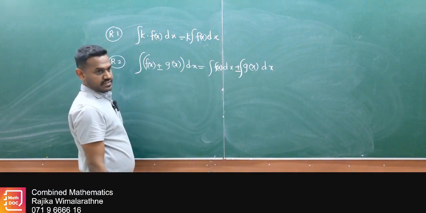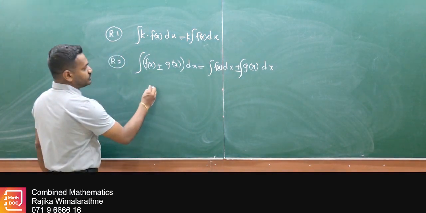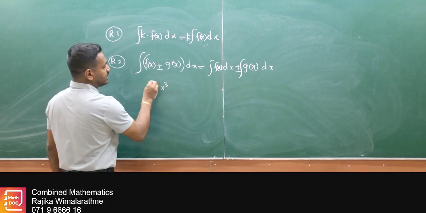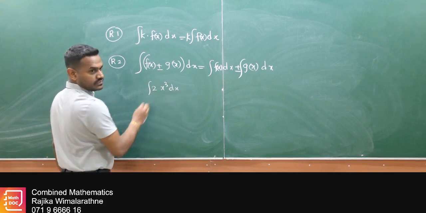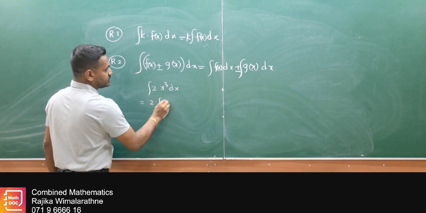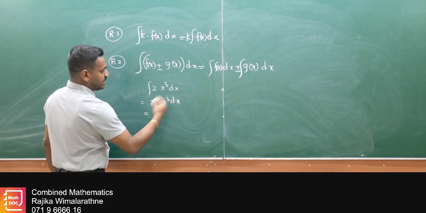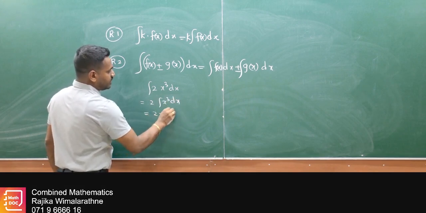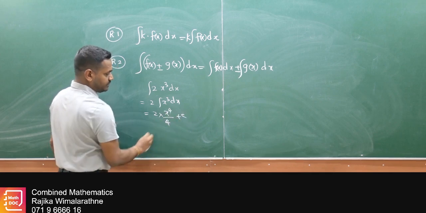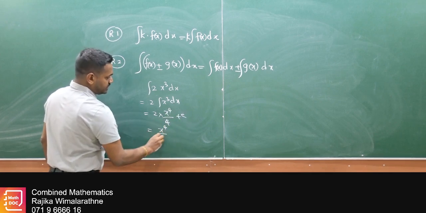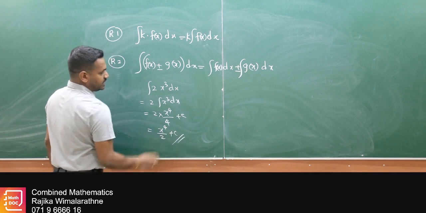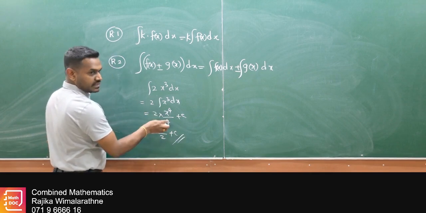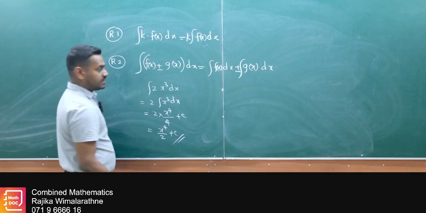We have two rules. Then if you see the integral of 2x to the power 3, now you can do it. You take 2 outside, x to the power 3 dx, then integrate: x to the power 4 over 4 plus c. Then x to the power 4 over 2 plus c. Here first apply the rule, then integrate, then simplify.